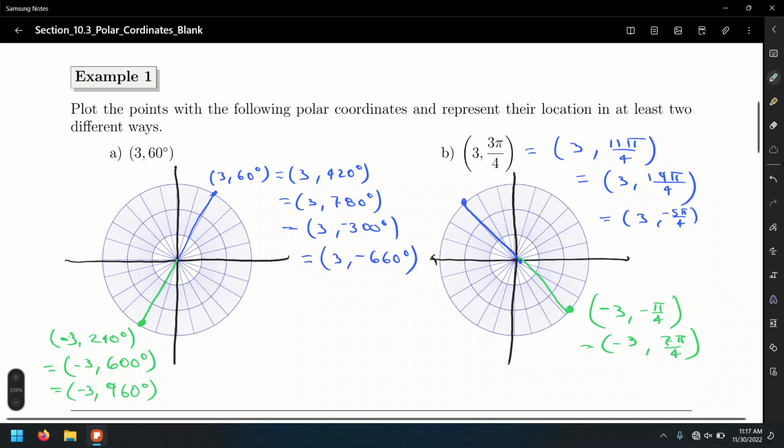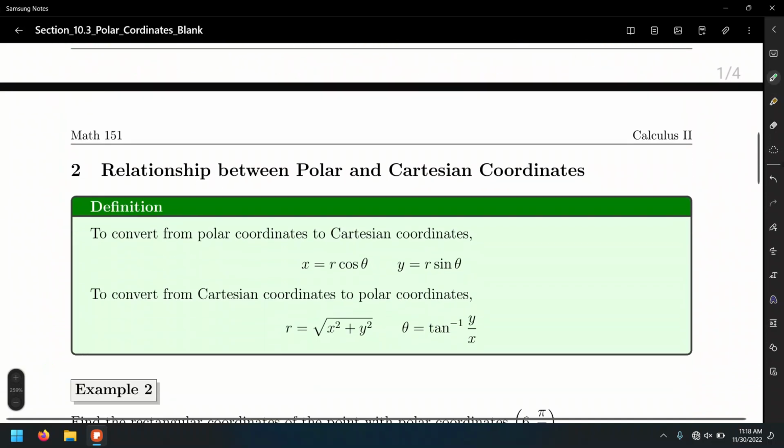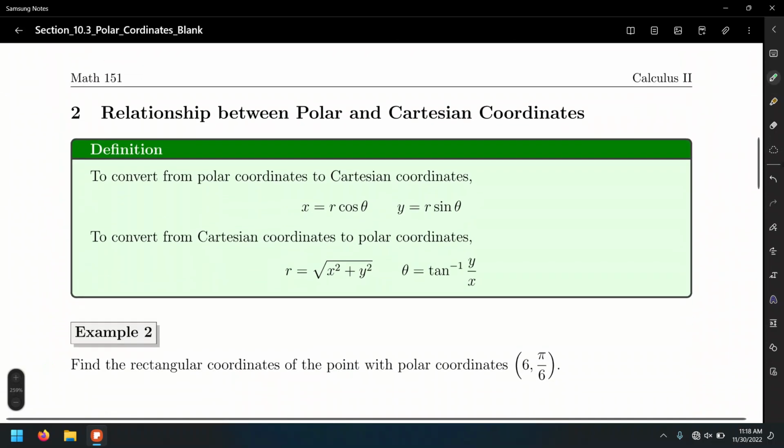What if we have a point in the polar system and we want to know its equivalent in the rectangular system? So there has to be a way to go from one world to the other and then go back to the original world. Well, of course, we have formulas for that, and the formulas are here in the next page, and these formulas are to convert these points between one system and the other.